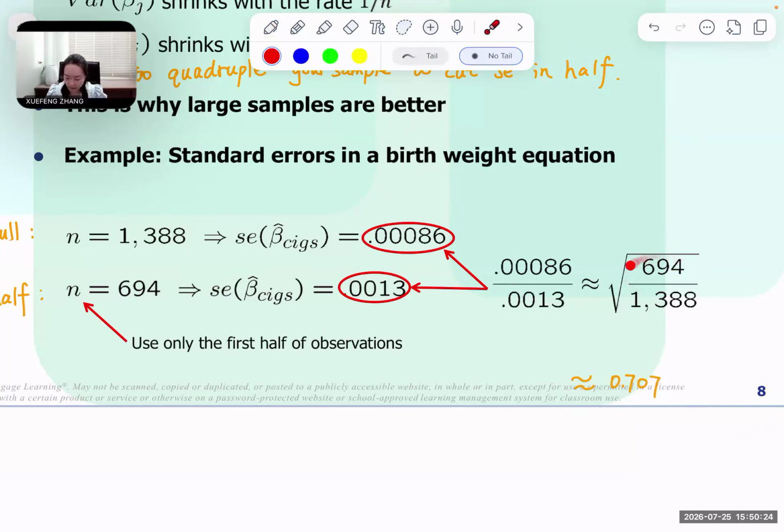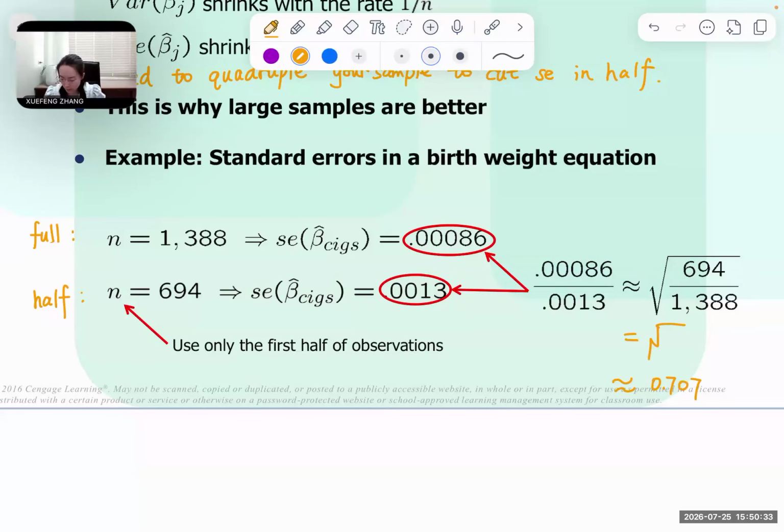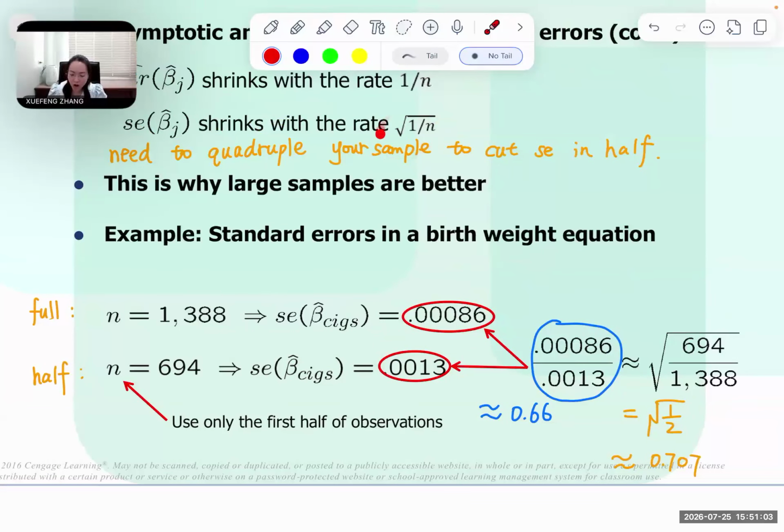This is the half of the sample size, and this is the full, so basically this equals square root of 1 over 2, which is approximately 0.707. And indeed, if you compute this, it's approximately 0.66, close to the predicted rate, confirming that square root 1 over n relationship in real data.